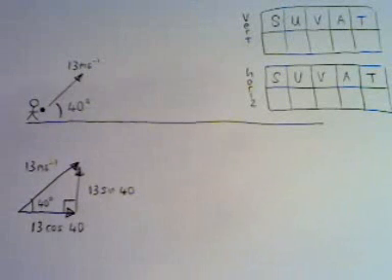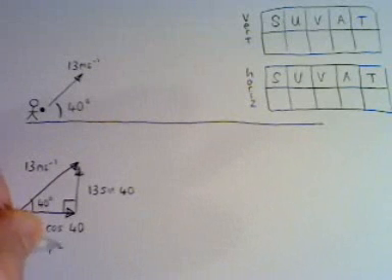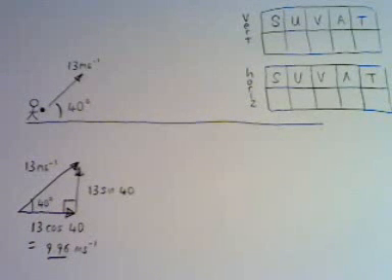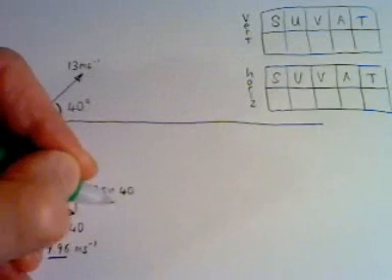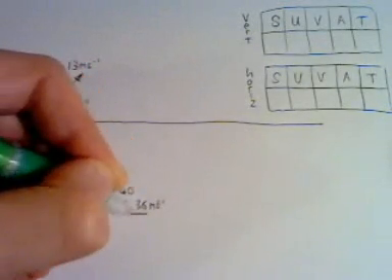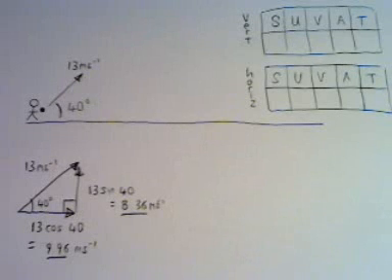So if we calculate those, this gives us an initial horizontal component velocity of 9.96 meters per second and the initial vertical component 8.36 meters per second. I'll just check those are correct, and that looks okay.